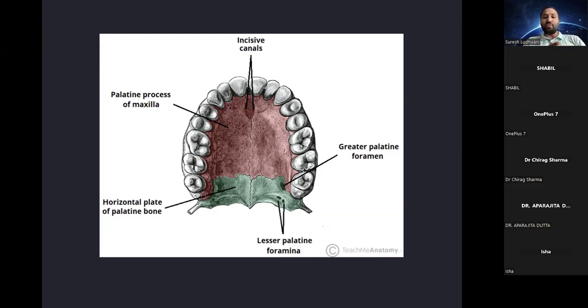But I don't want you to remember that for the slides. I want you to remember the two holes which are seen, the greater palatine foramen and the lesser palatine foramen. Why am I showing you these color images? Because later on there are all gray images. You will be able to see what you can see on the OPG and on the CBCT. So I want you to understand how it appears in a clinical scenario.